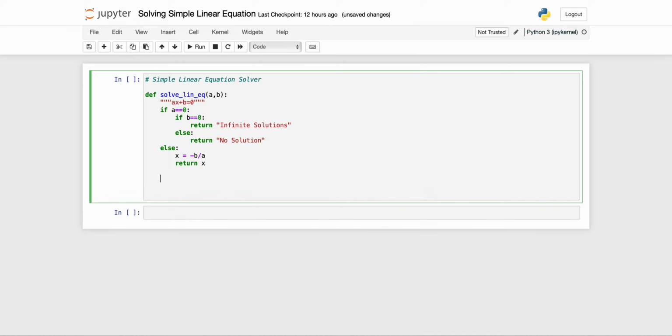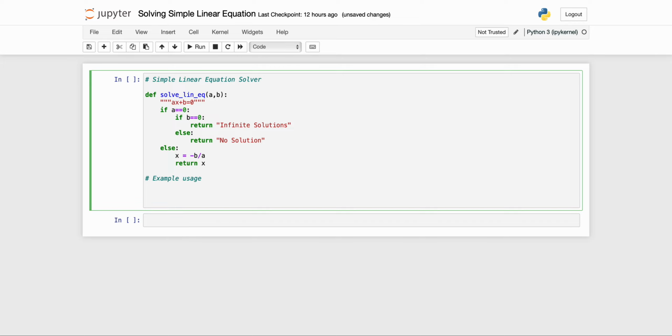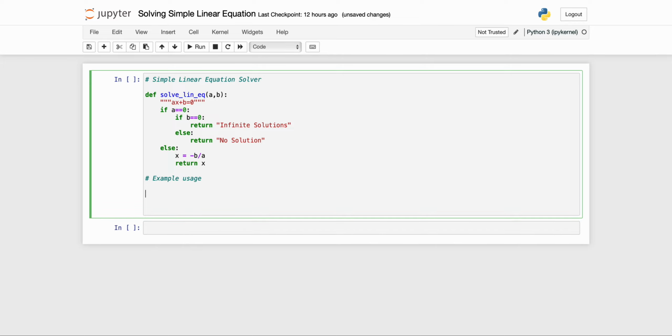And now what we're going to do is build some prompt for the user to input the coefficients a and b. So let's just call it example usage. Okay, and so let's say you have a coefficient, so I'm just going to write a_coef here is equal to float.